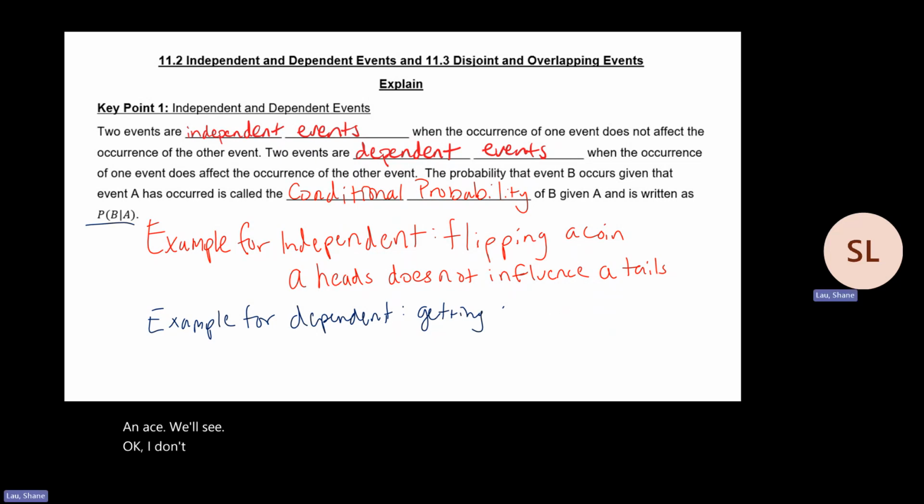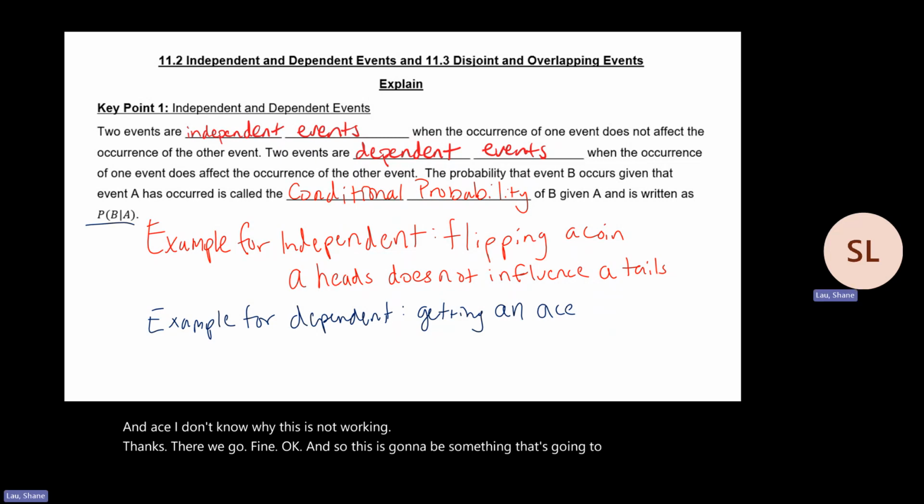I don't know why this is not getting an ace. There we go. Finally. Okay. And so this is going to be something that's dependent, right?